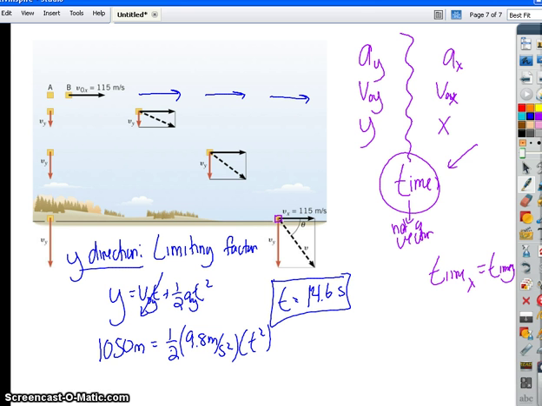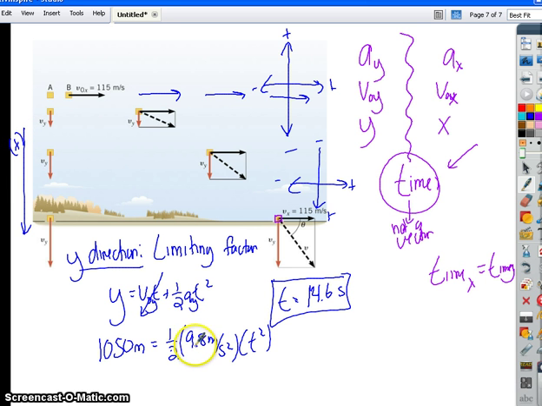Now I want to point out another problem-solving tip. Be very clear on which direction is positive and negative. Positive, positive, negative, negative, or we can do positive, negative, positive, negative. Notice, in my equation I said it was falling 1050 in the positive direction, and because I called down positive, my acceleration is also positive because the acceleration is pulling it down.